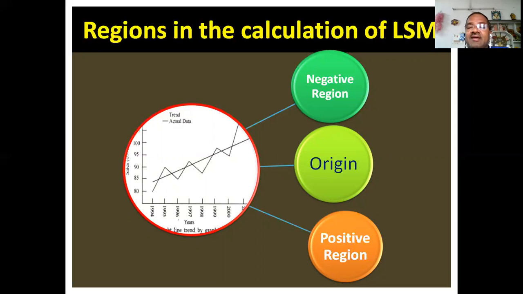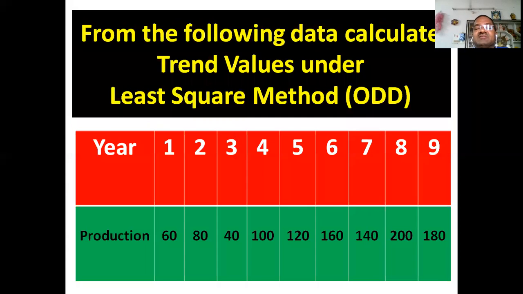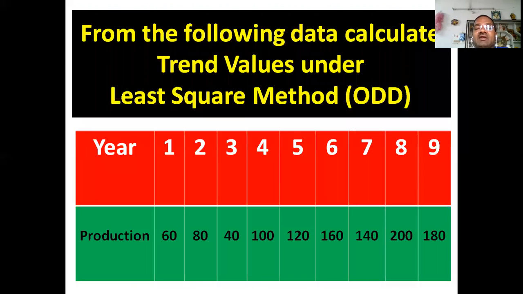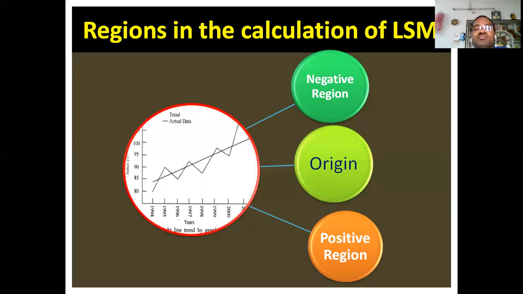When you calculate trend values, when you try to forecast the trend of a given variable, you can prepare in a tabular form. I can show you a table like this. This is a table we can prepare. The given years will be there, sales will be there, x, xy, x square, y. Here, one must know the total table will be calculated into three regions.